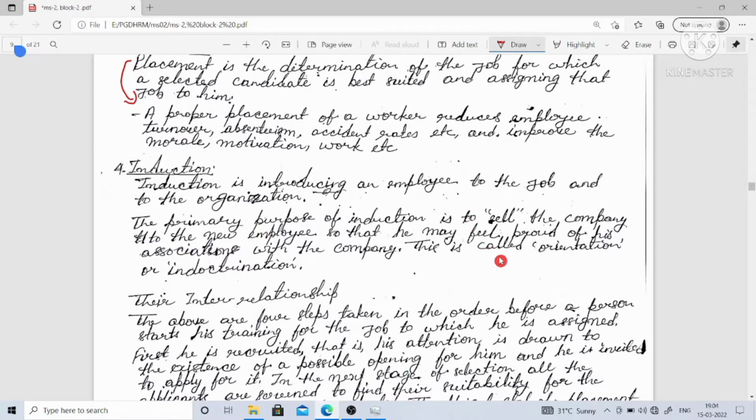This is called orientation or indoctrination also. Whatever information there is about the organization is provided to employees so that employees can understand the organization in a better way, and so that they can feel proud to associate themselves with the organization.